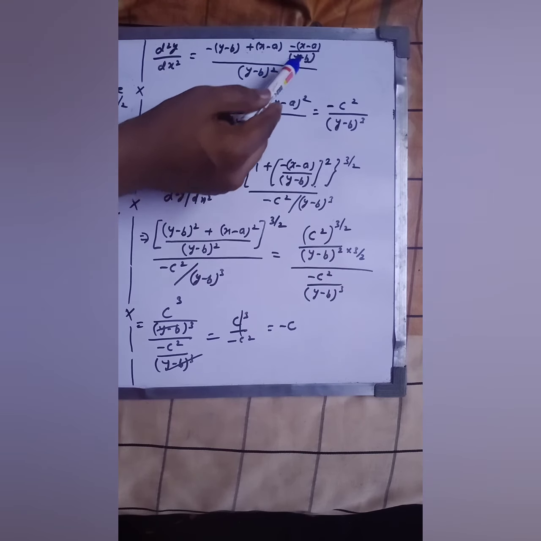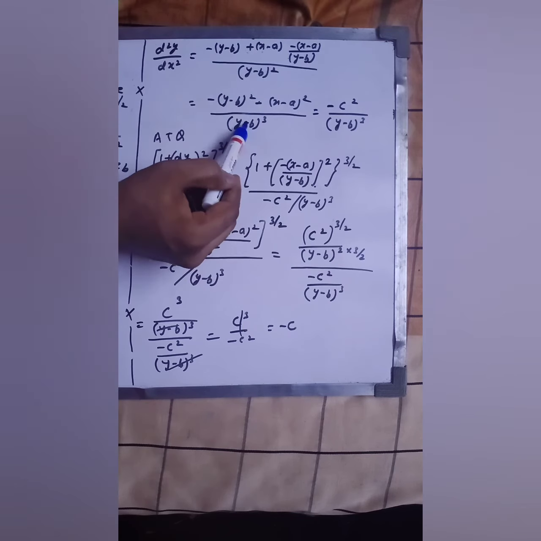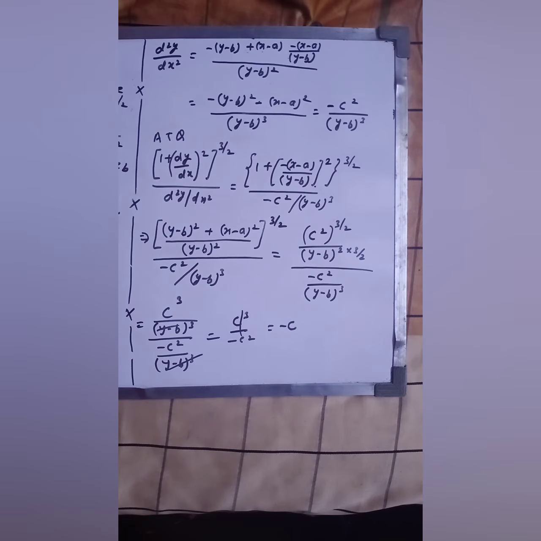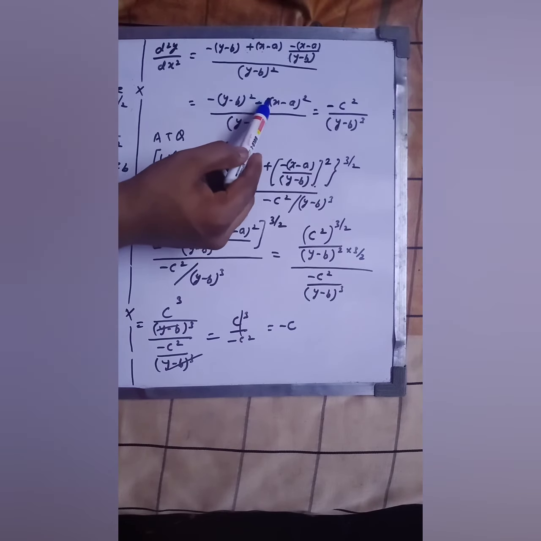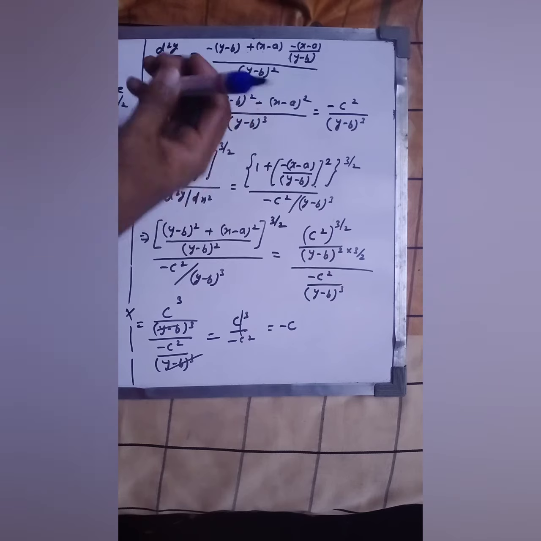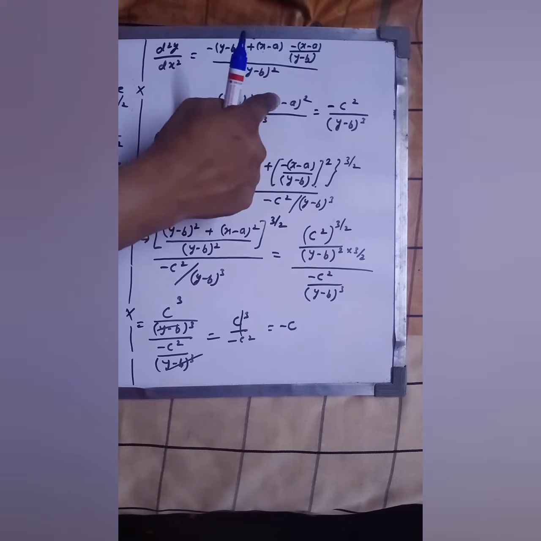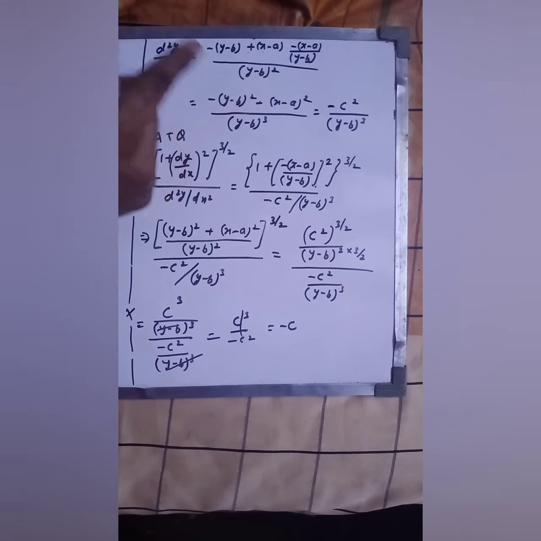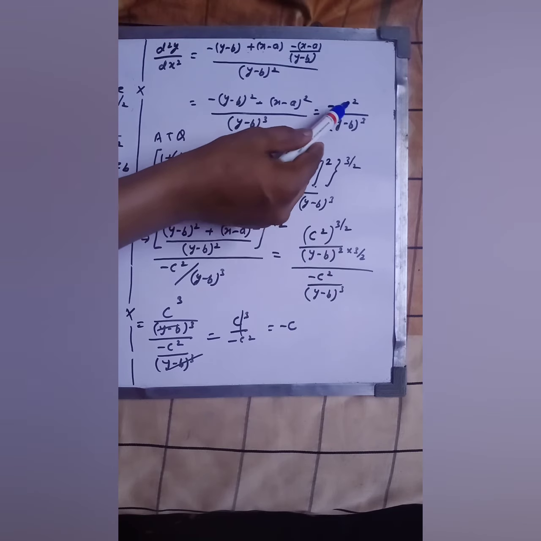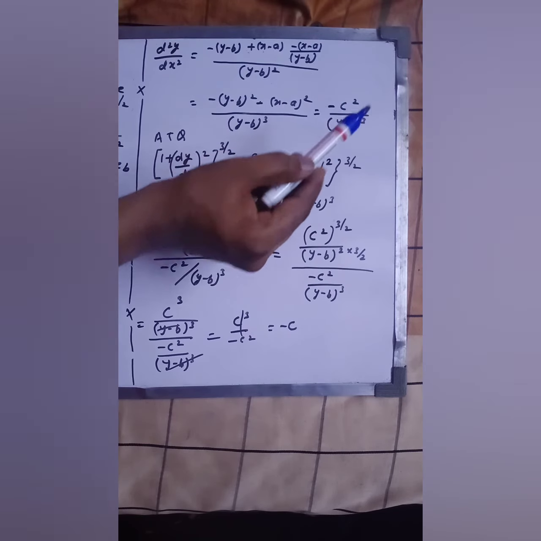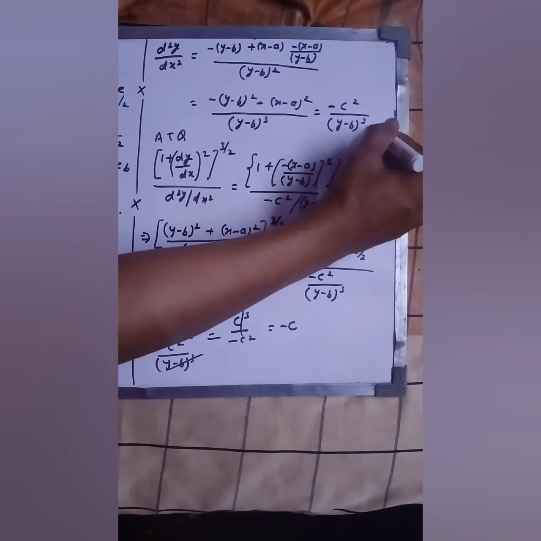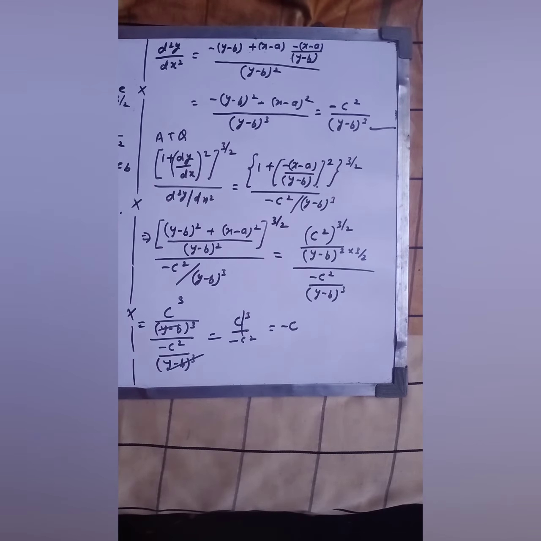This is squared, and with this y minus b it makes it cube. And now when you take minus common, this will be y minus b whole square plus x minus a whole square, which is c square, and which is given to you in the question. So I'm writing minus c square over y minus b whole cube. So this is your double derivative. Got it?